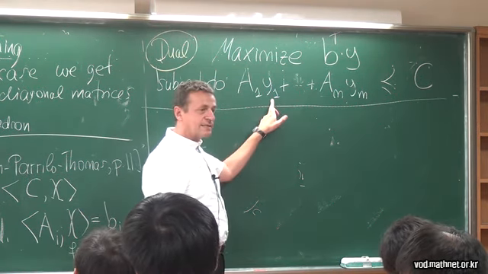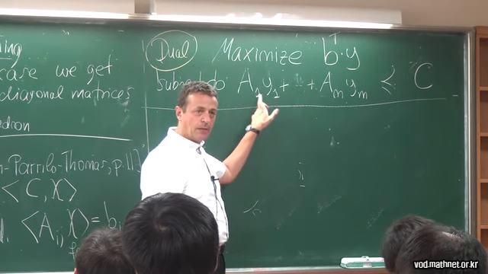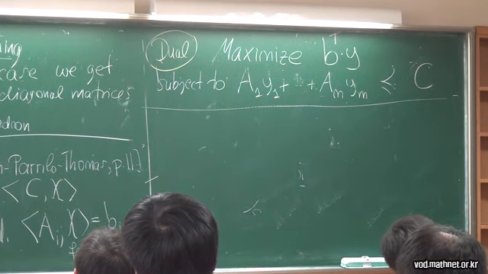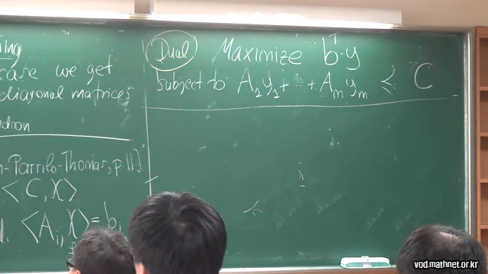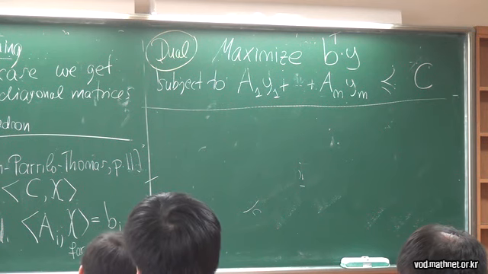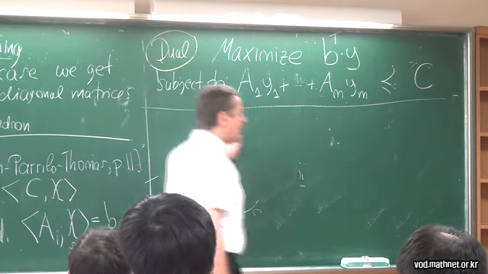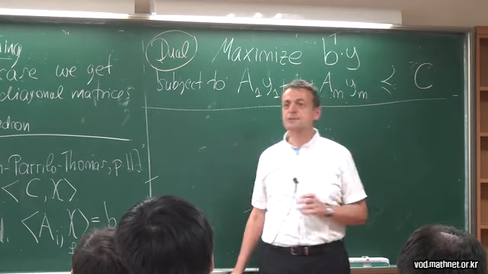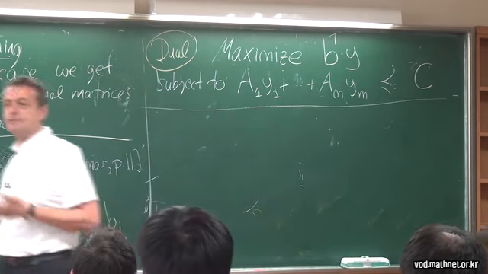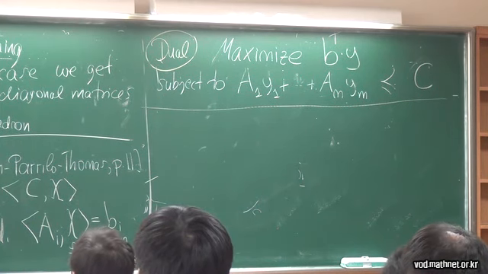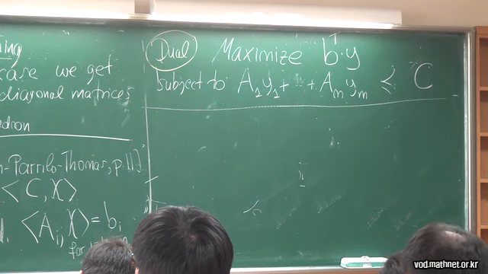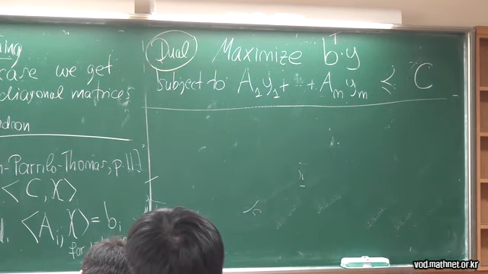So y1 is a scalar times this matrix, and so on. So this is an n by n symmetric matrix whose entries are linear forms in y1 up to ym. And less or equal means that the difference matrix, this symmetric matrix minus that symmetric matrix, is positive semi-definite. So the inequality is in the conic sense. So C minus the left-hand side.